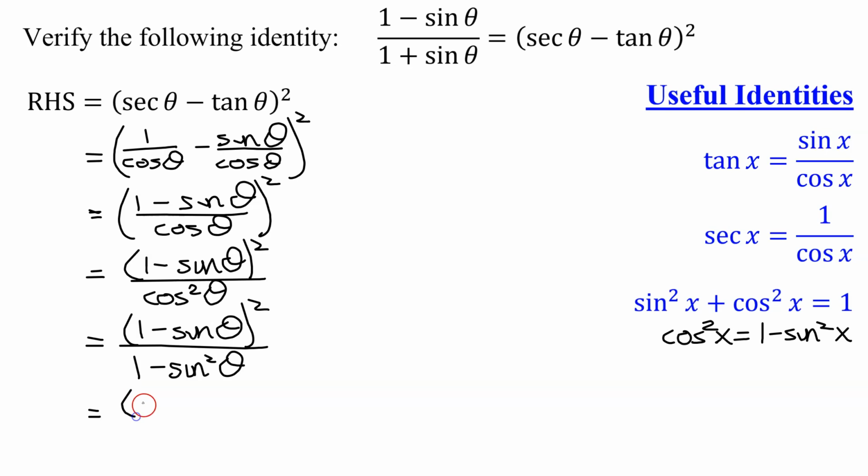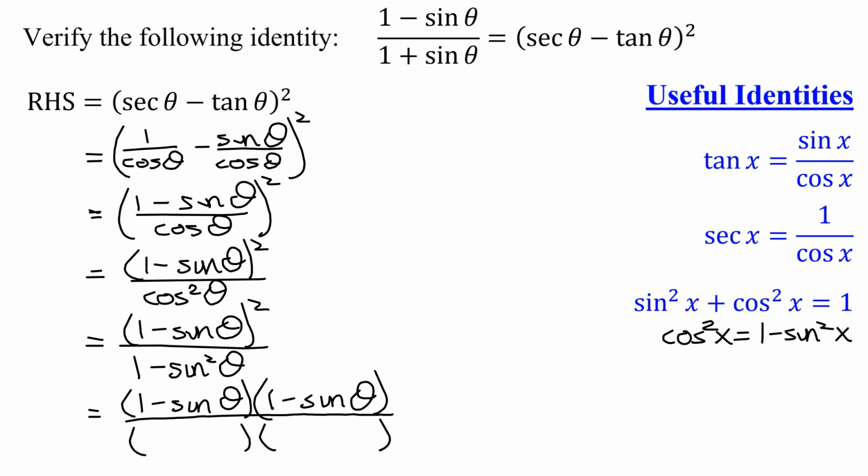What I'm going to do is write my numerator out as (1 minus sine theta) times (1 minus sine theta). And then your denominator, 1 minus sine squared theta, is the difference of 2 squares, so I can factor it.